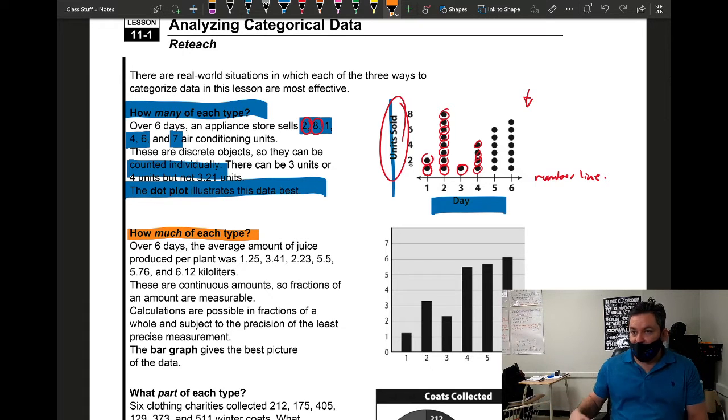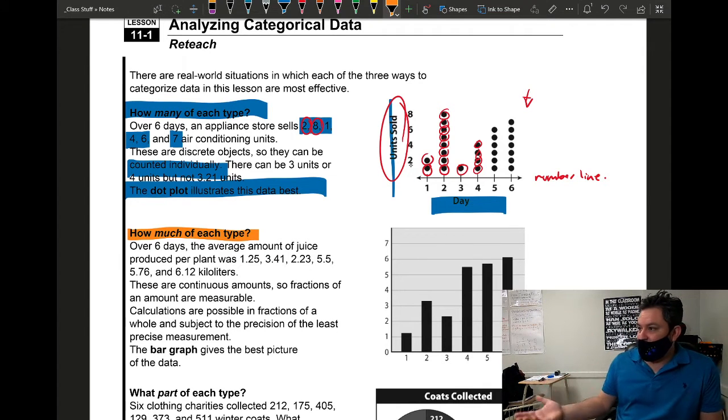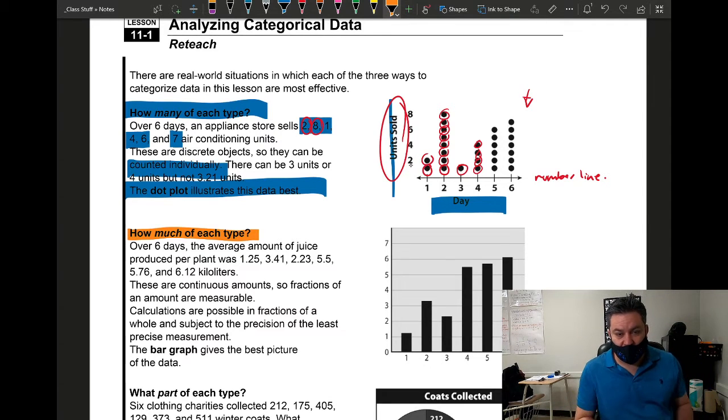Kilo means 1,000, okay? These are continuous amounts, so fractions of an amount are measurable. That means you can have fractions and decimals. That's why we have decimals right there. It says calculations are possible in fractions of a whole and subject to the precision of the least precise measurement.